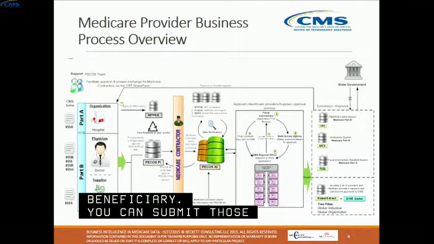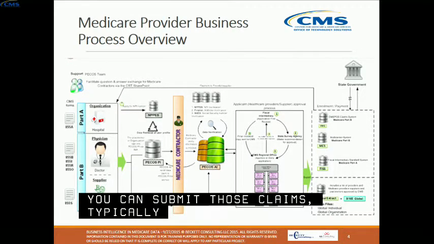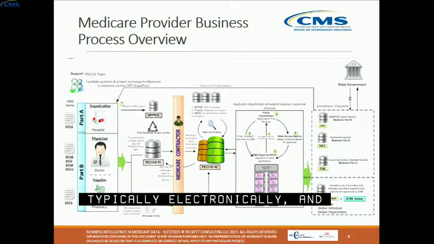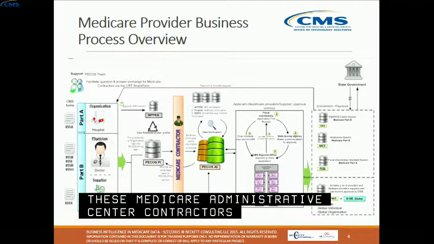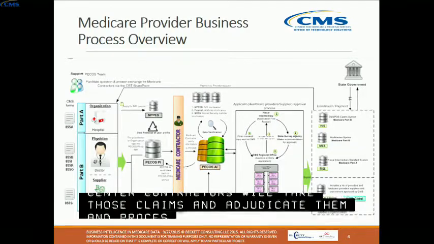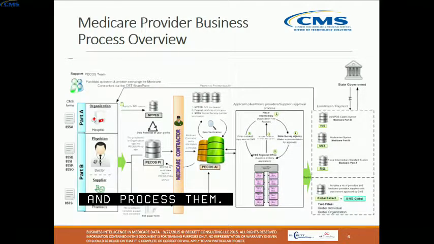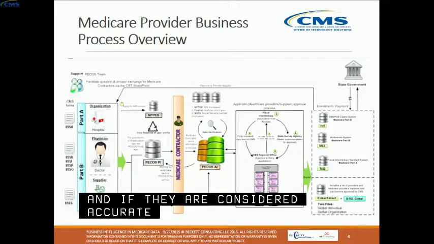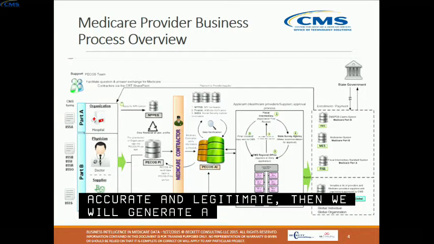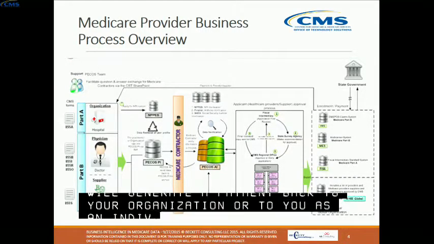And these Medicare Administrative Center contractors will take those claims and adjudicate them and process them. And if they are considered accurate and legitimate, they will generate a payment back to your organization or to you as an individual practitioner if you happen to be a sole practitioner or a sole provider.